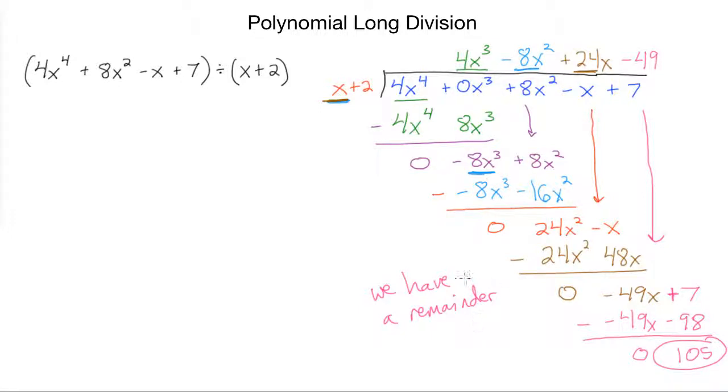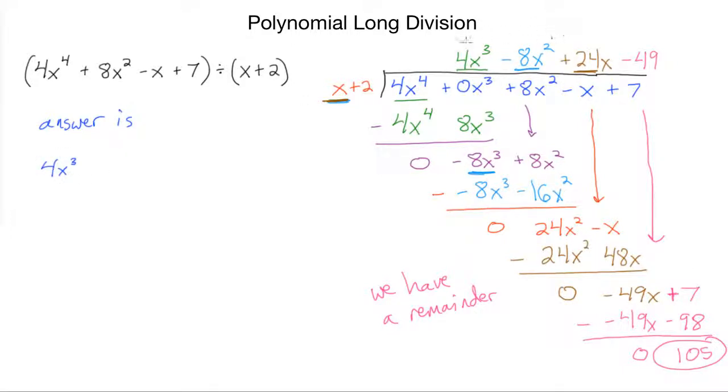In fact, my answer now is, if I take 4x to the 4th plus 8x squared minus x plus 7 and divide it by x plus 2, I get a result of 4x to the 3rd.